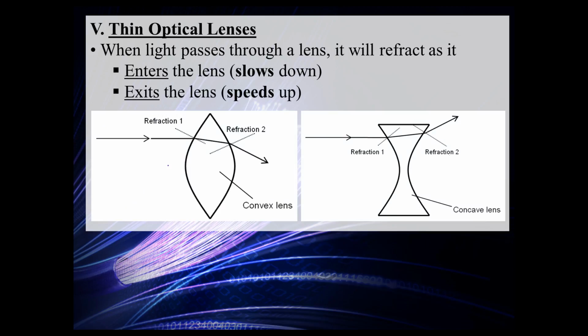Just like with the mirrors, we are interested in how we can use the lenses to form an image. Now, technically speaking, the way you would need to predict how to draw one of these rays is as follows. First of all, you'd have to identify where your ray of light hits the surface. Then I need a tangent line to represent the surface. A tangent line might be this line here.